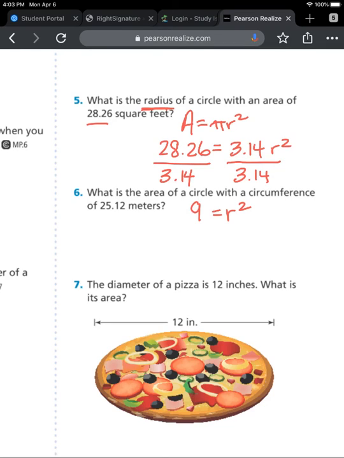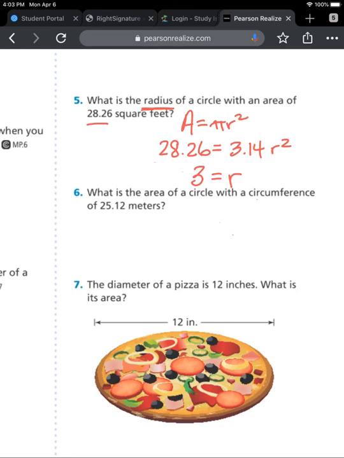But if I'm not as savvy with that, and maybe I didn't know that, just like in anything else in math, you have to be able to undo to solve. And so how you would undo squared is that's when we use the square root symbol. You have a square root symbol on most calculators, and you would take the square root of 9, which is 3. So the radius is 3.